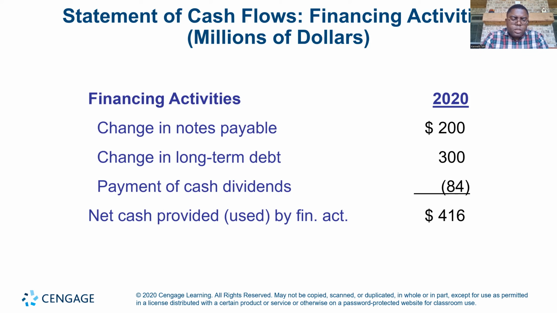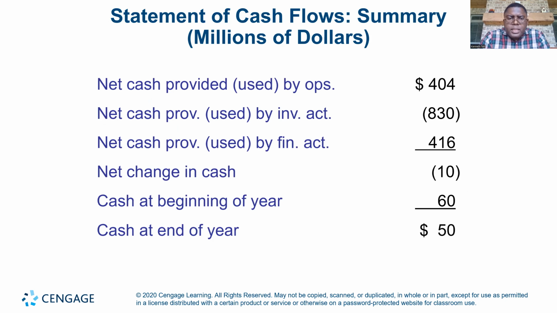So we can bring all those statements together, which is usually done at the bottom of the statement of cash flow. It's basically trying to understand the cash at the end of the year for the company. So we go to this next slide that will show us the summary.